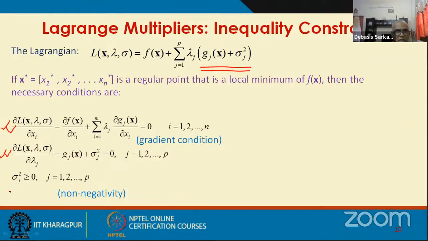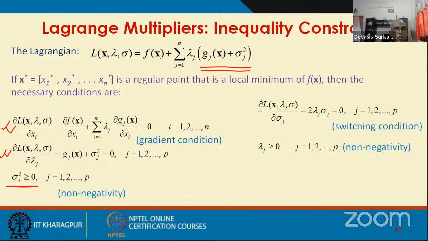And of course, these slack variables we have added must be non-negative. Because g is less or equal to 0, so you need to add some positive quantity to make it 0. And if g is already 0, you don't need that positive quantity. The slack variable will be 0. So del L del x equal to 0, del L del lambda equal to 0, and del L del sigma equal to 0.